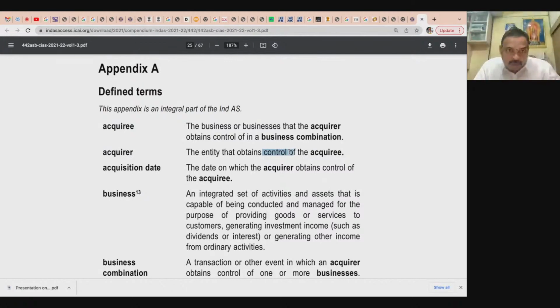Good. So acquiree, the business or businesses, this is very important. Sometimes I'll be only interested to acquire the asset, not the business. Business includes workforce. Business includes licenses. Business includes your process. That is why the terminology of business has been defined here, and it has been updated also recently.